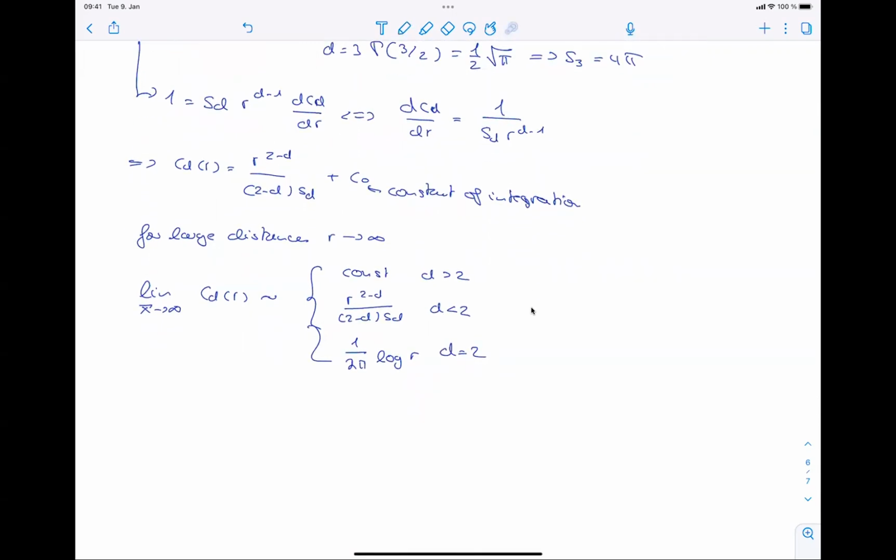Okay, so here we are. So what does this mean now? This was the correlation of my angular variation. And so we find that this correlation grows with r, large, to infinity for d equal 2 or d smaller than 2.